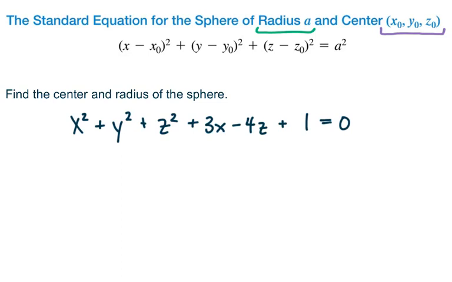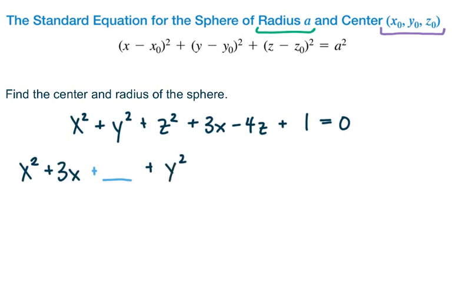For our last example in this video, we are given the equation of a sphere and we're asked to determine the center and the radius. In order to do this, we're going to use our completing the square process. So I'm going to organize my terms. I've got x squared plus 3x, and I know I'm going to want to add some term to complete the square, plus y squared.